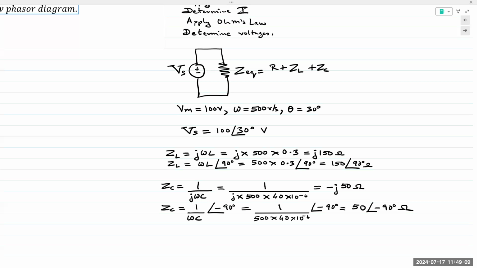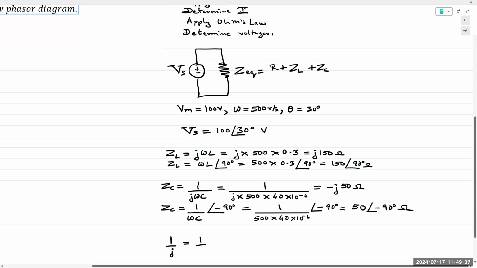So I want to find ZEQ. ZEQ means I need to add up R plus ZC plus ZL. It's a series circuit. If it was parallel, you would do the parallel equation. You have ZL and ZC, and then you add them up. Sidebar: the reciprocal of the imaginary number, 1 over j, is minus j.